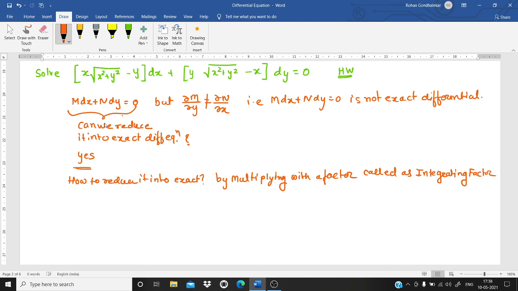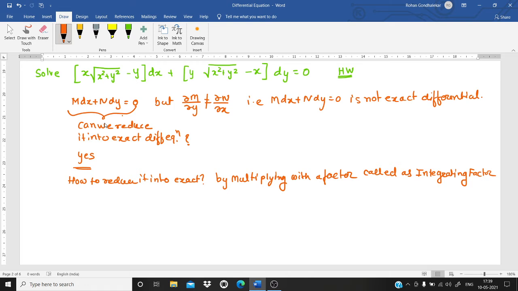So by multiplying the integrating factor to M dx plus N dy, we can reduce it into an exact differential equation. Fine? We can call that process equations reducible to exact. Such equations are known as equations reducible to exact. The main important part is that we need to find a multiplying factor, that is, we need to find an integrating factor.